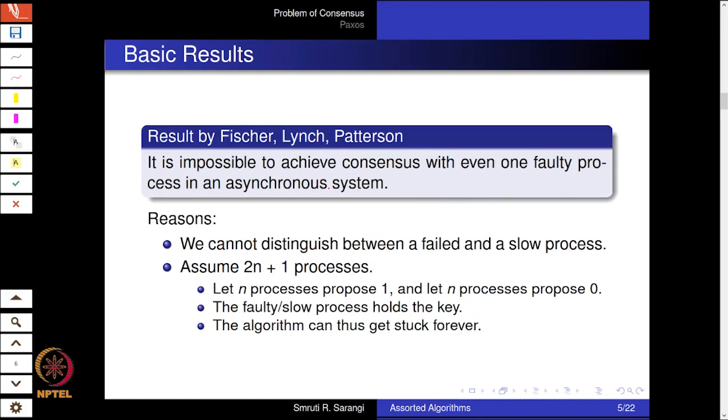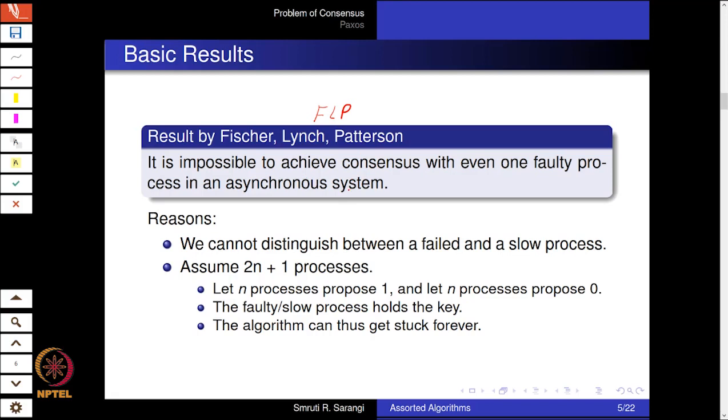So now let me come back to what I said on the previous slide, that we can elect a leader, and the leader can choose one of the proposals. There is a very famous result in distributed systems called the FLP result, which we have already discussed in the class. It says that it is impossible to achieve consensus even if we have just one faulty process in an asynchronous system.